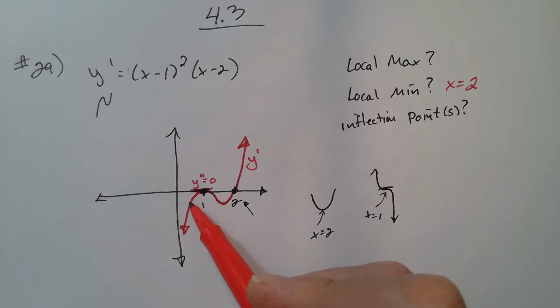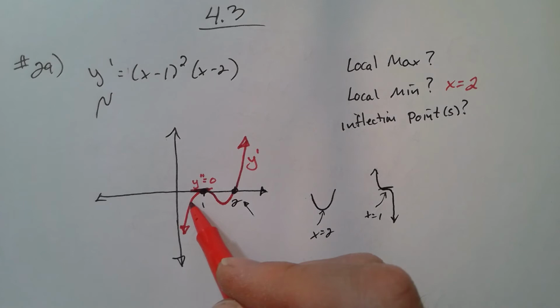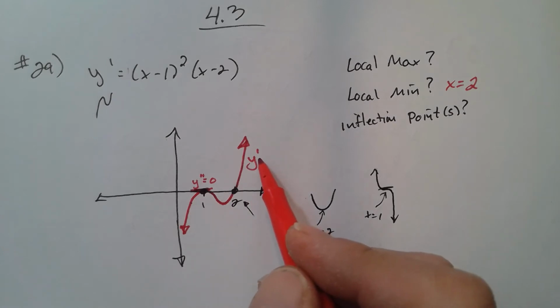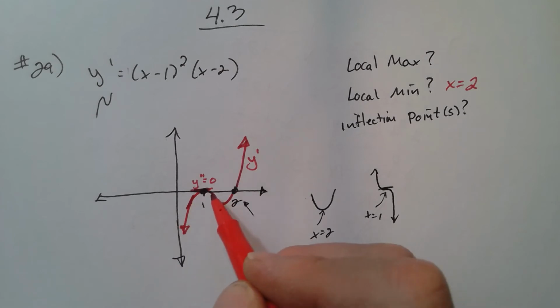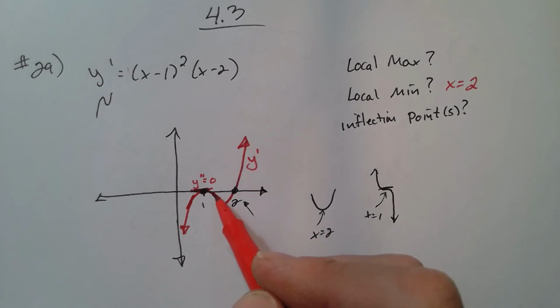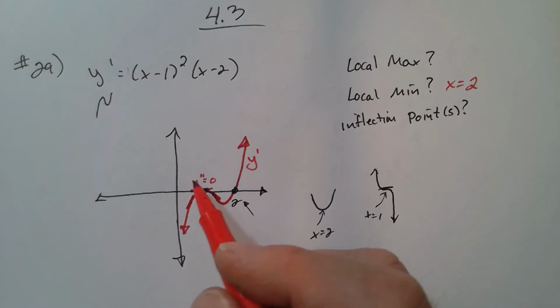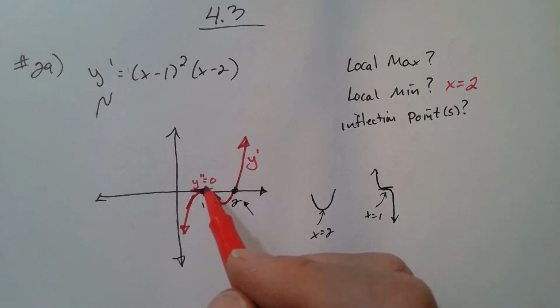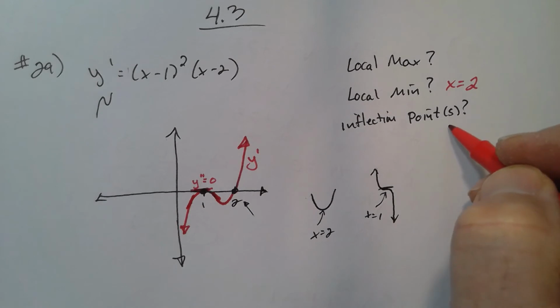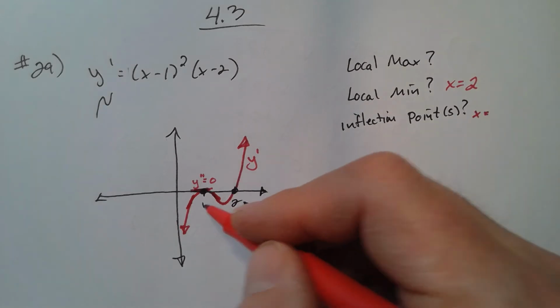The second derivative right here, remember the second derivative represents the derivative of y prime, so the derivative of this function, if you think of it as a little slope right there, we have a positive slope. So right here the second derivative is positive. To the right side of it, we can see that the derivative of y prime, or the second derivative, is negative. So it goes from positive second derivative to negative second derivative, so there's clearly an inflection point at x equals 1.